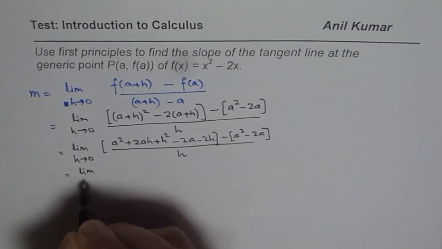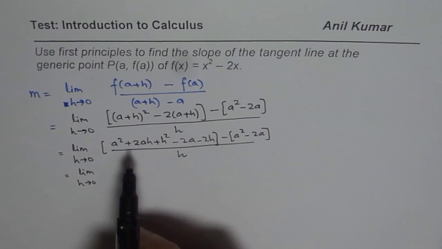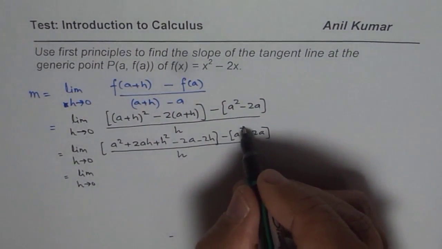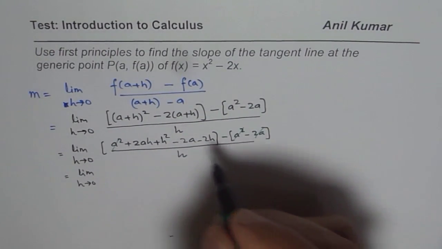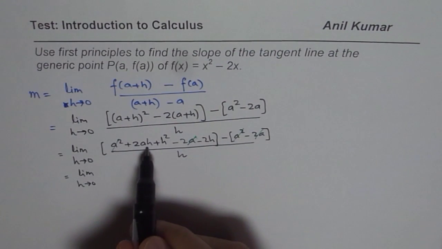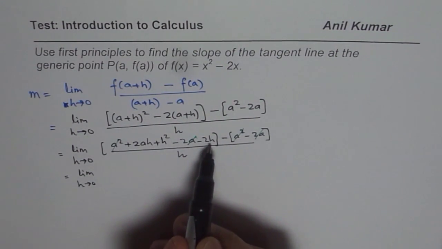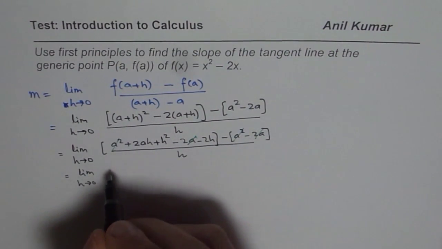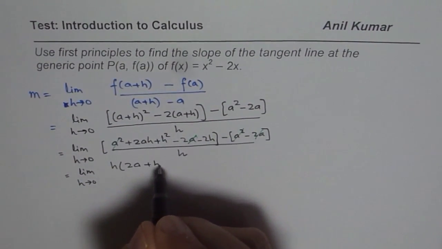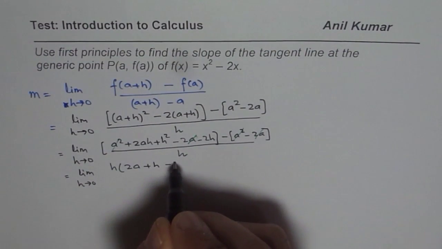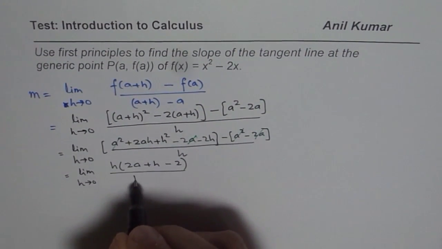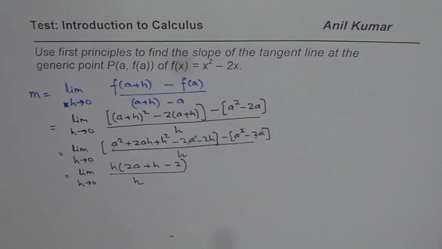Now let's simplify this particular expression. So a square and a square cancels out, right? A square minus a square is 0. So 2a minus 2a will also cancel out. So we are left with 2ah plus h square minus 2h. So I can take h common here. So I can write h, and then I have 2a plus h minus 2, divided by h. Now we can cancel h and h.